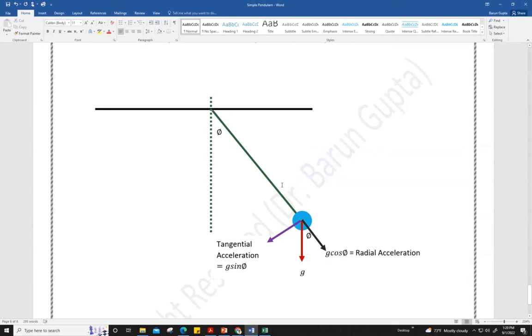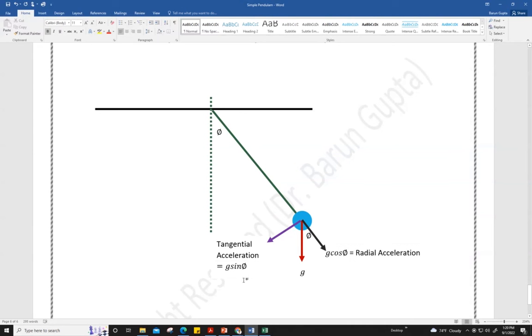The weight, or the acceleration due to gravity, is always in the downward direction. Let's call the angle at this point phi. I can resolve this acceleration due to gravity into two components, one along the radial direction and one along the tangential direction. If you resolve the two components, this component will be g cosine phi and this component will be g sine phi.